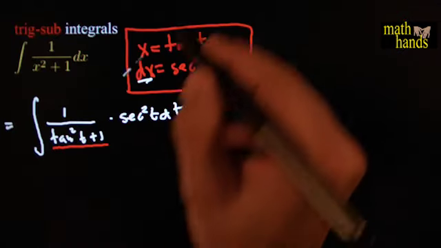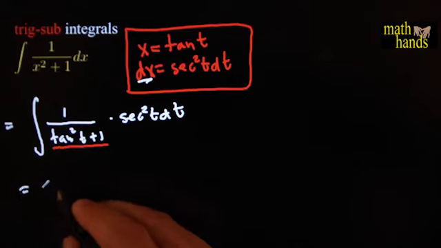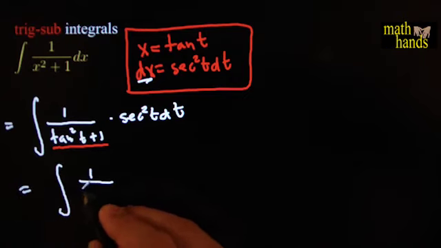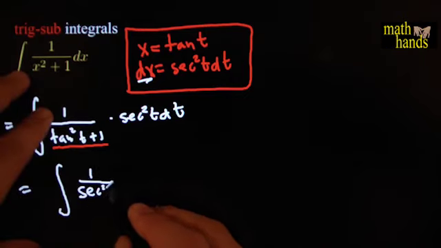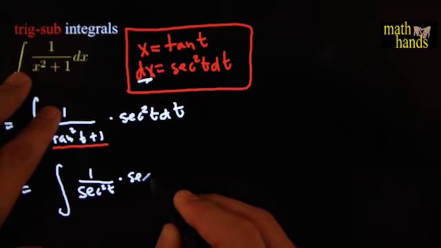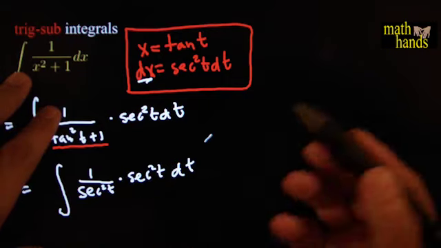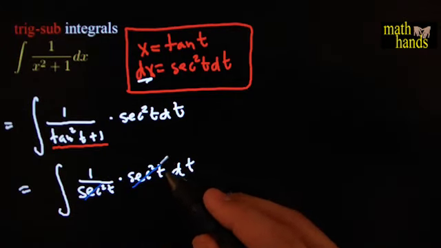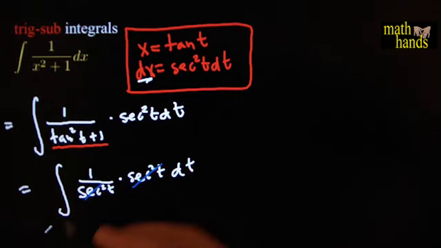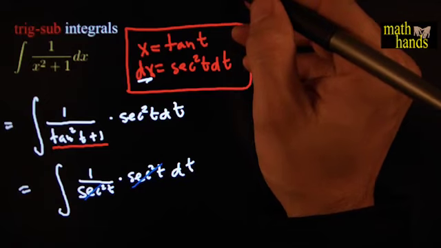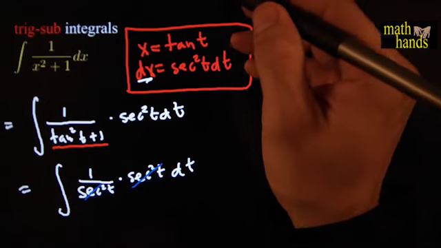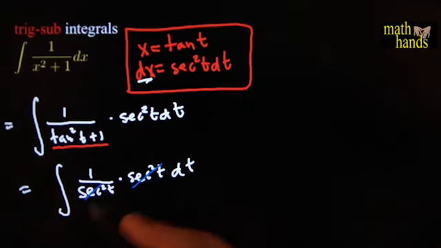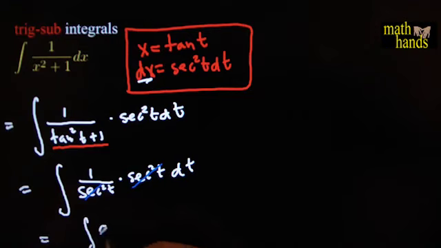This one can be exchanged for a secant squared. Turn it into the integral of 1 over secant squared t times secant squared t dt. And isn't that nice? Look what happens now. This secant squared t cancels with that secant squared t, and all you're left with is, voila, the integral of dt.